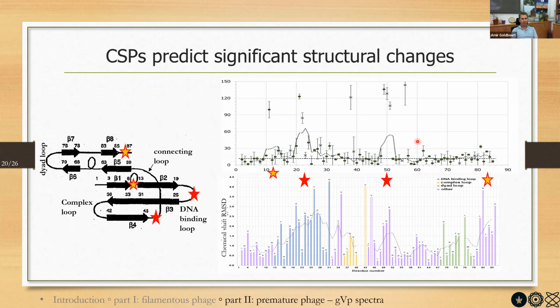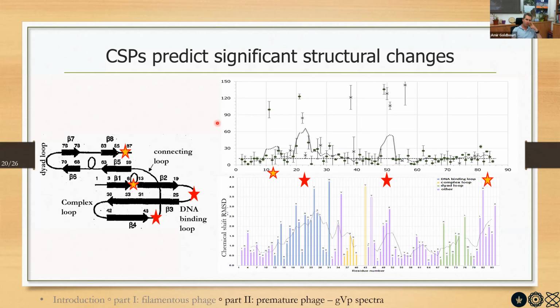So we've done two things. We plotted this chemical shift RMSD for the entire protein by residue number. And the other thing we did is take this quadratic average of the torsion angle, so it's the square root of phi squared plus psi squared.